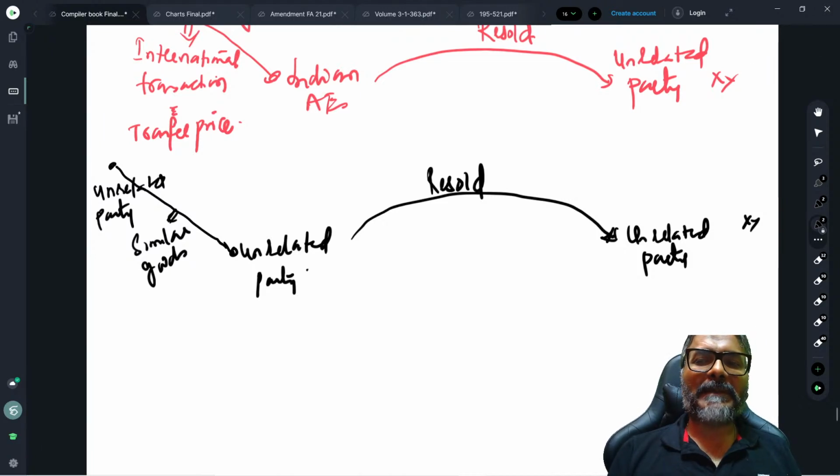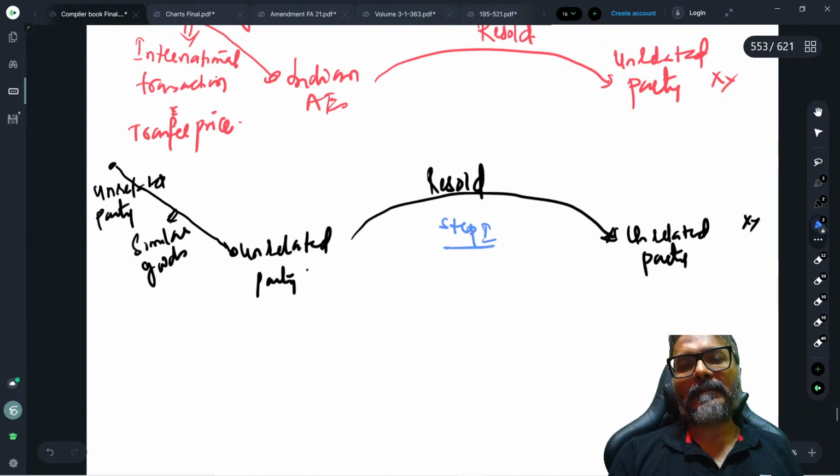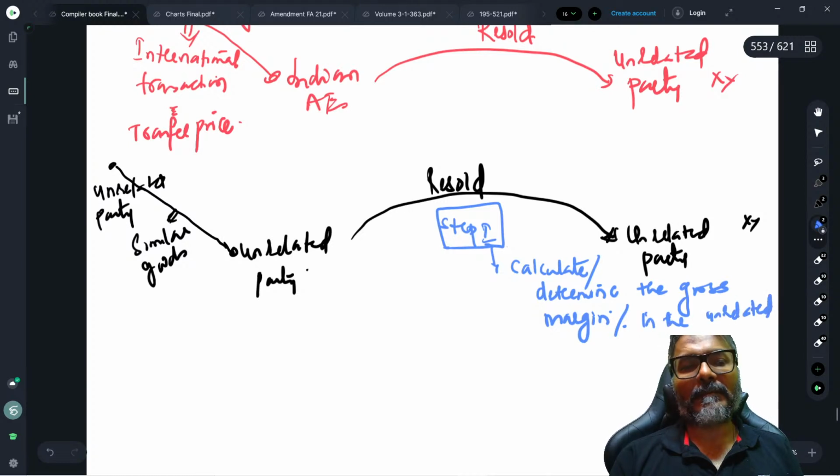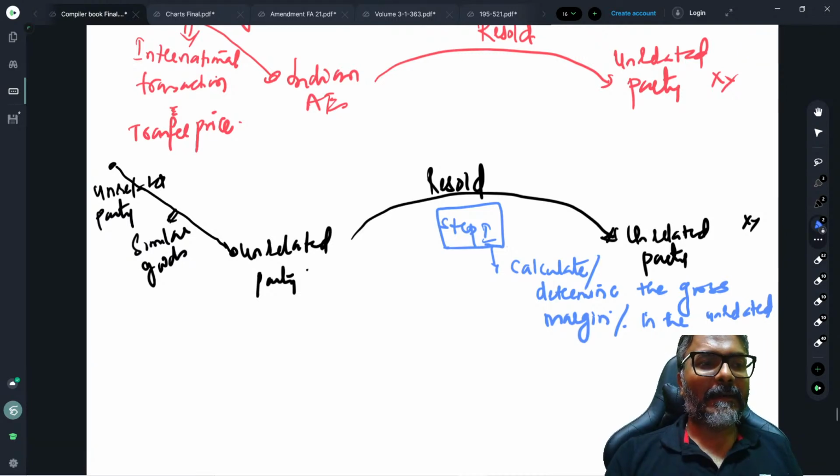So what is the step that is involved, students? The first step, students, is to calculate or determine the gross margin percentage in the unrelated party transaction.